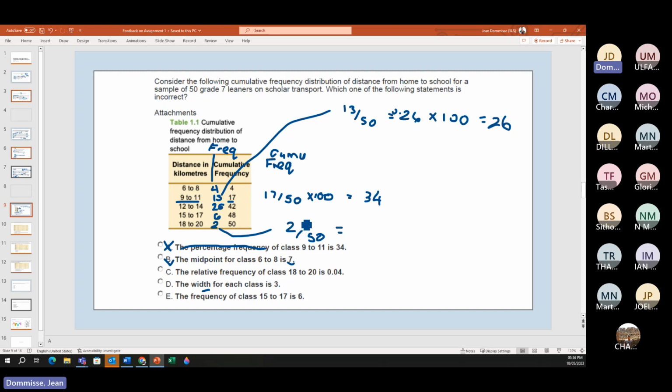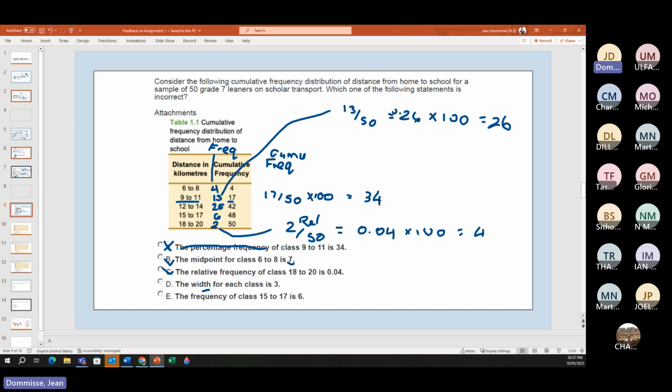The relative frequency is 2 divided by 50, which is 0.04, which is correct. If we needed to work out again the percentage, we would have multiplied it by 100 to give you 4%.